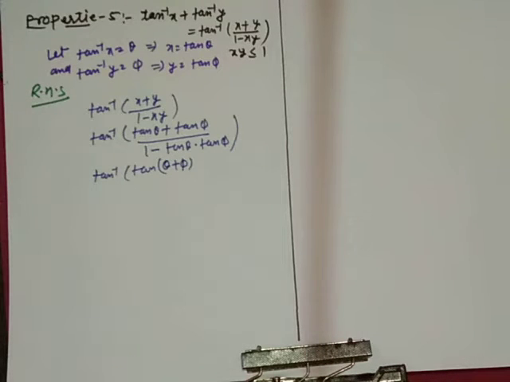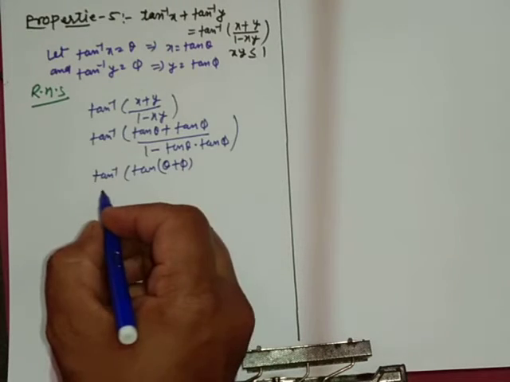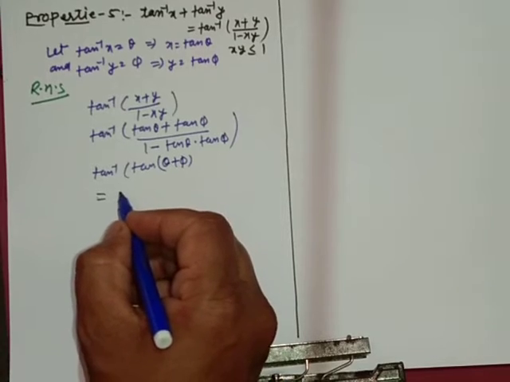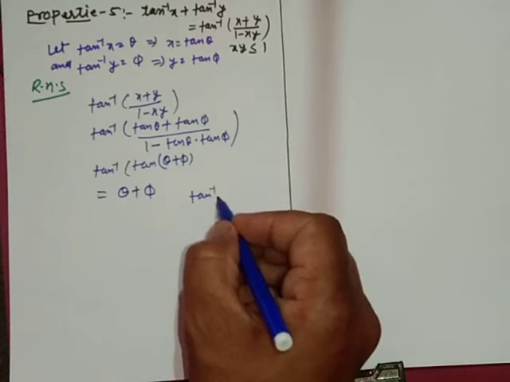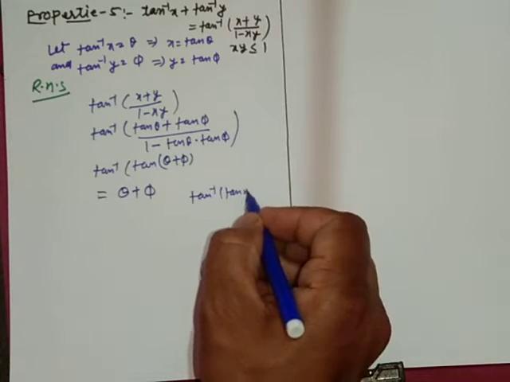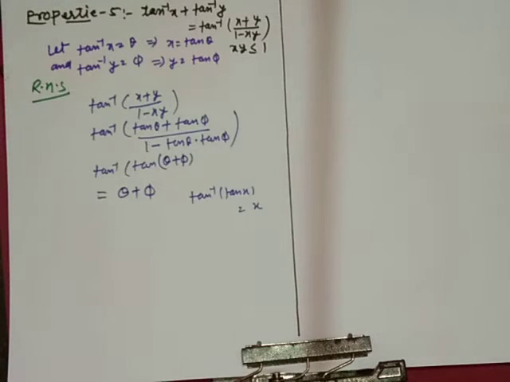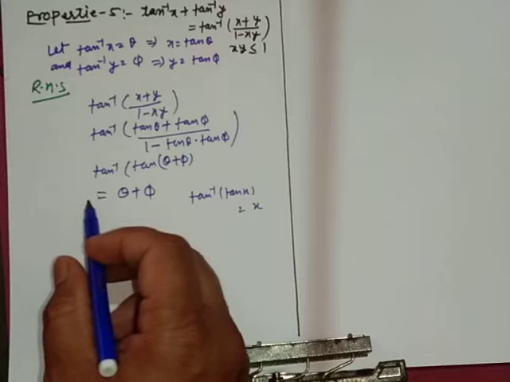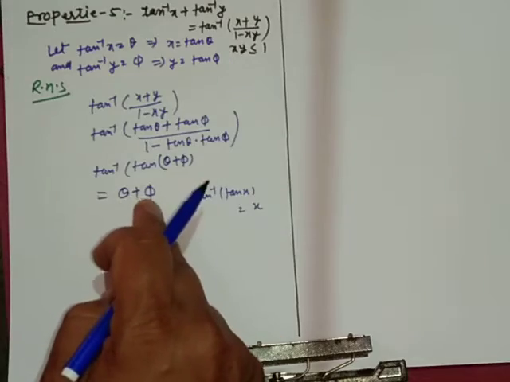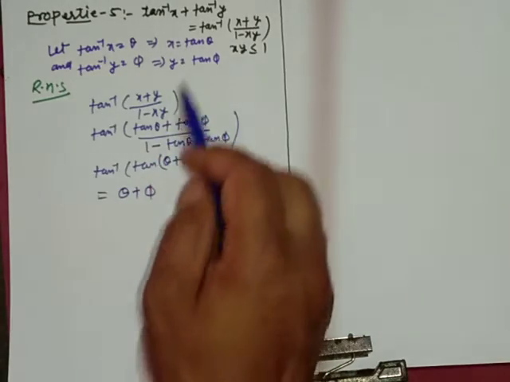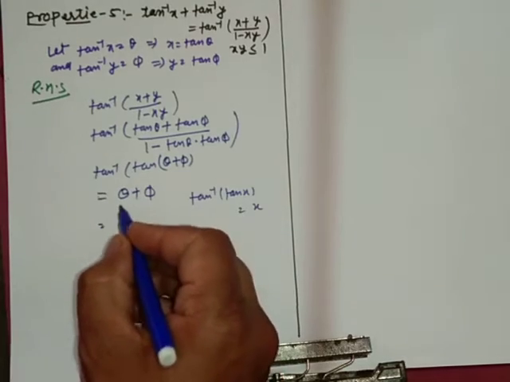Clear? So we are applying a property we used in class 11. Now we can write it as theta plus phi, since tan inverse tan x is equal to x. Clear? We apply this property. Now, theta is what?